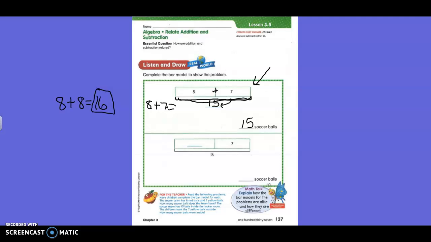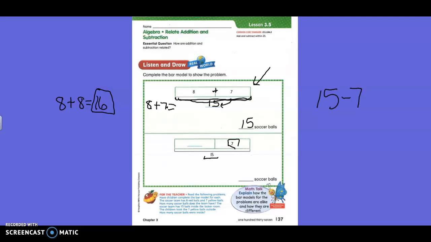But now on our bottom one, we have the 15 and the 7, but we don't have the other number. 15 means 15 all together, so both of these numbers together have to be 15, okay? But the kids took out 7, so it's 15 take away 7.